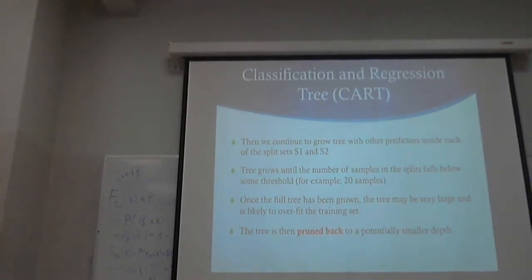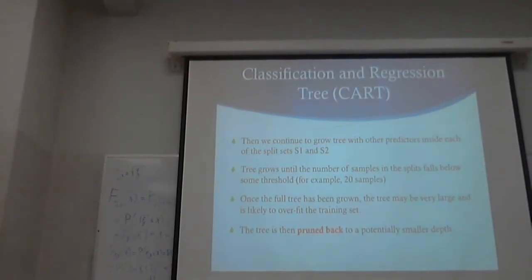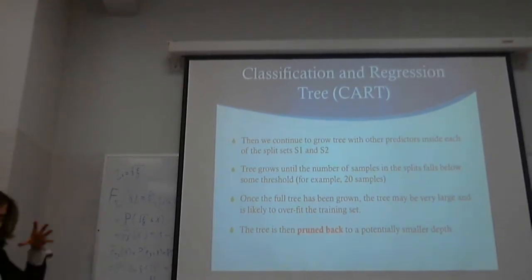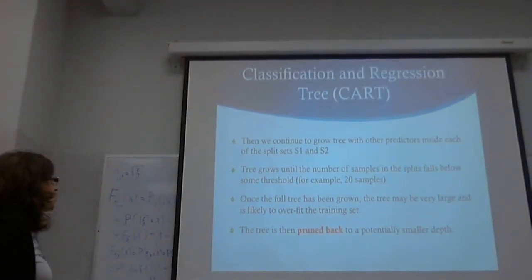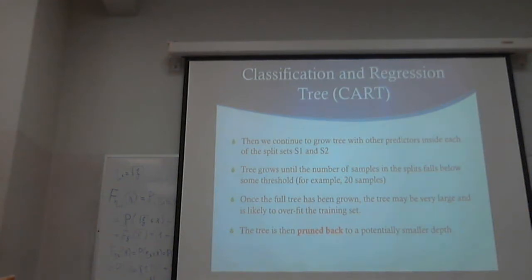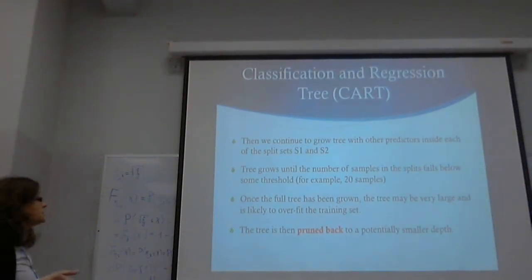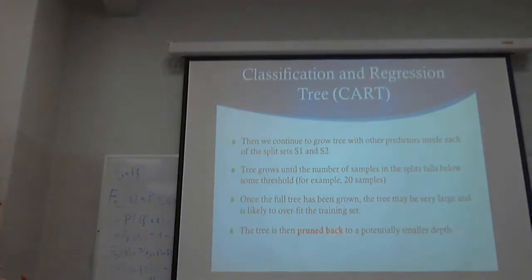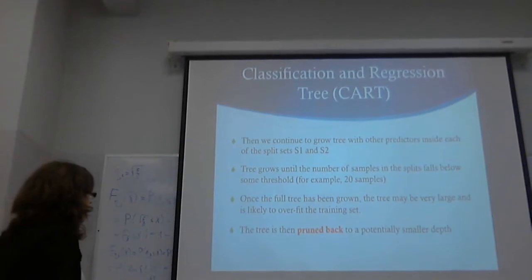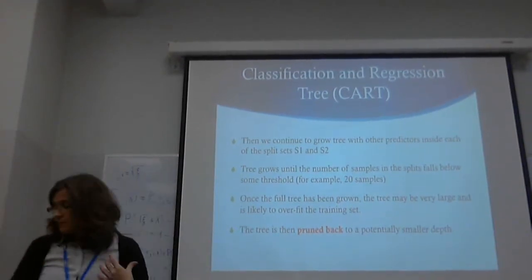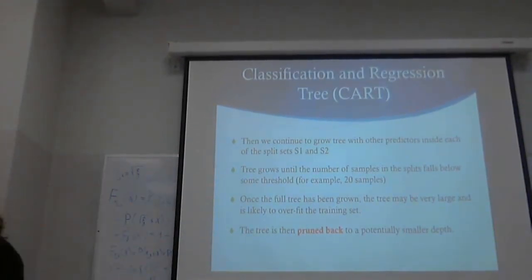And then once the algorithm does it, it takes another predictor. So we took the first predictor, then we continue to grow trees with the other predictors, and continue with the building, going in two areas.